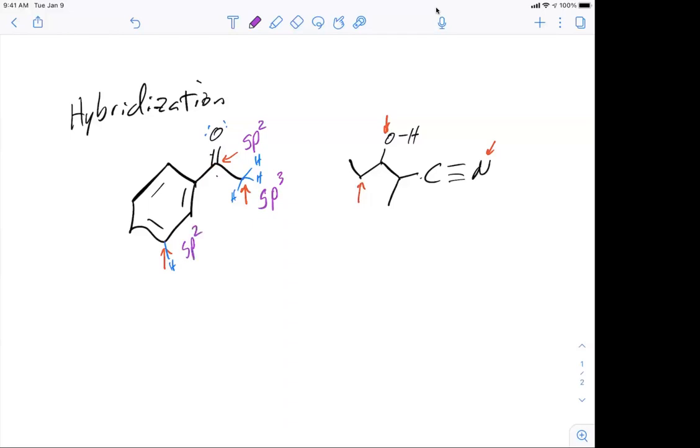All right, on the other one, now I've thrown in a couple of other atoms, but the thing to remember with nitrogen and the oxygen is they're in the same row as our carbon. So therefore we're dealing with S and Ps. And so again, draw in the lone pairs. If we look here, a lone pair needs a hybridized orbital.